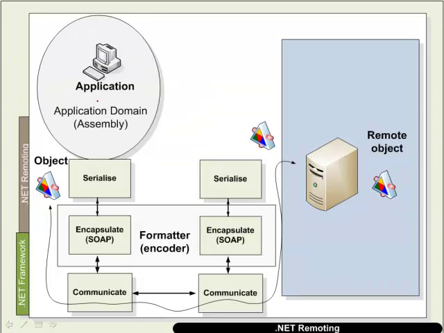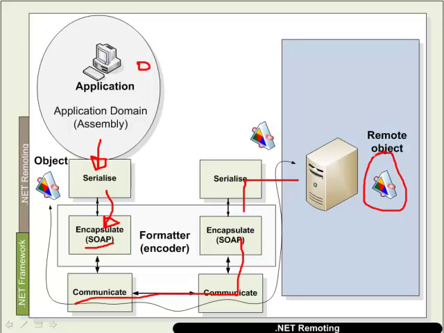Inside our remote object system, we must have some way to take an object and serialize it, then encapsulate it within some formatter or encoder. In this case, we're formatting through SOAP. We communicate it over the channel, and then on the other side we do the reverse. We decapsulate and deserialize, and hopefully we get our object back again.